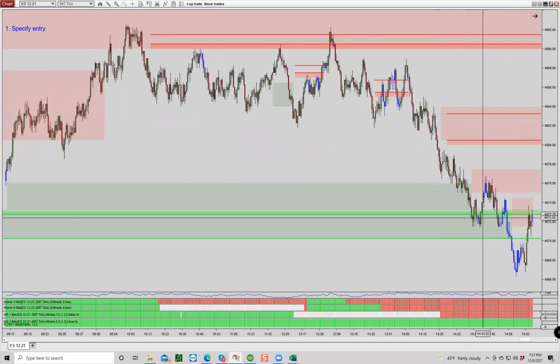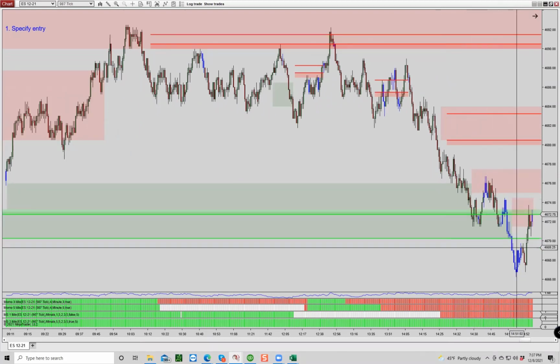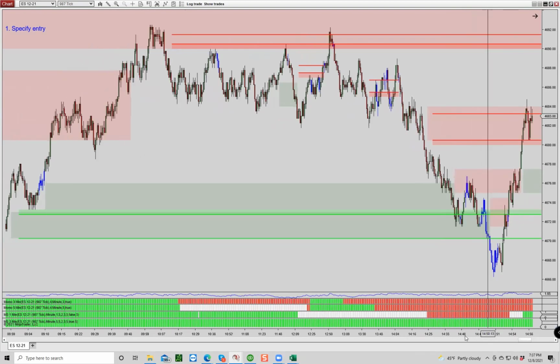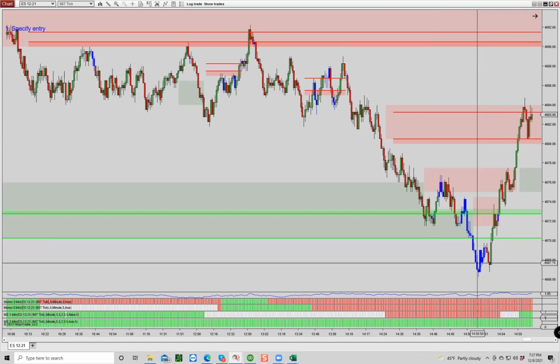But look what happens. You can see it bounces, and I would get smoked. But keep in mind, the reason that zone is still printing, you guys remember what time frame that zone is from? It's from a 2-minute. So it's still valid.